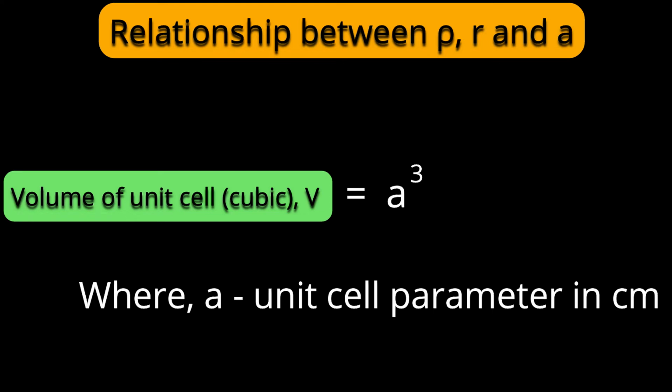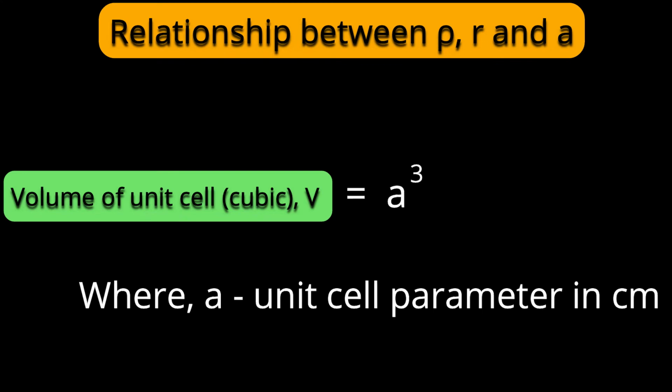Here cell parameter also to be represented in terms of centimeter. Suppose if values are given in terms of picometer, then 1 picometer is equal to 10 raised to minus 10 centimeter. If it is in nanometer, then 1 nanometer is equal to 10 raised to minus 7 centimeter.